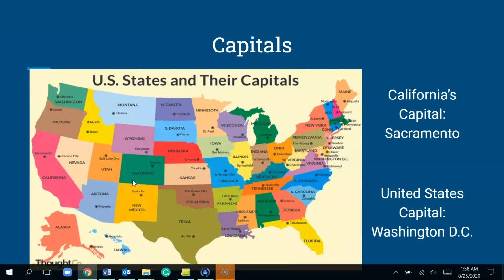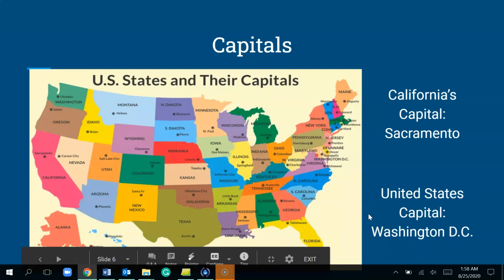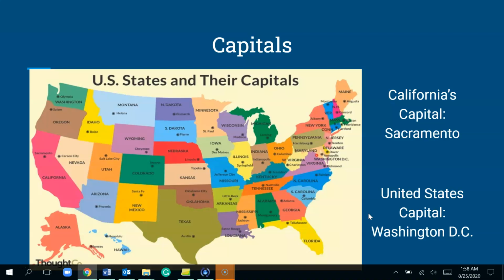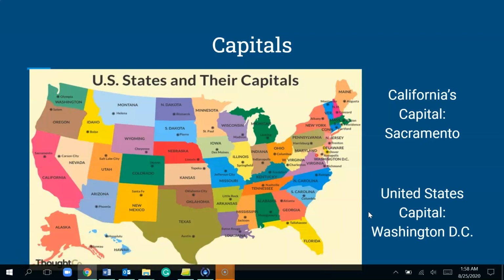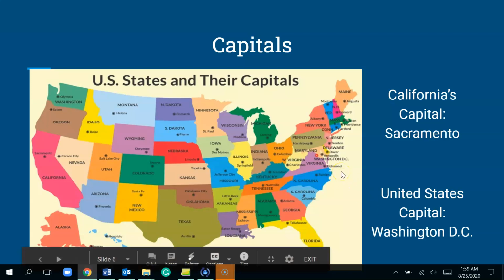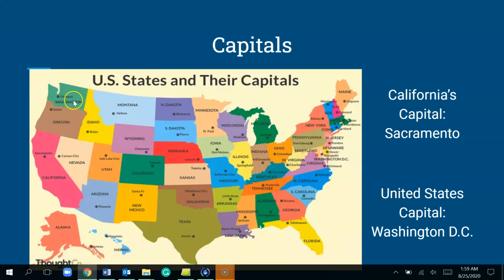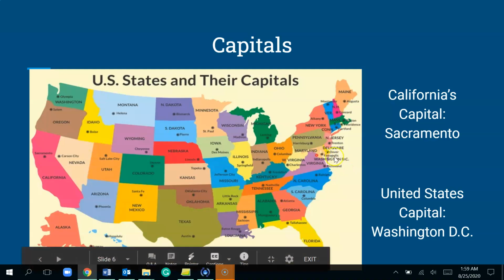So if you were to answer that question with just Washington, the agent conducting your interview might not count that answer right, because there is a slight difference in you leaving out the DC part, and it becomes a whole different place. If you say Washington, all of a sudden we're talking about the state, not the capital. So please make sure to include the DC. DC stands for District of Columbia, Washington, D.C.